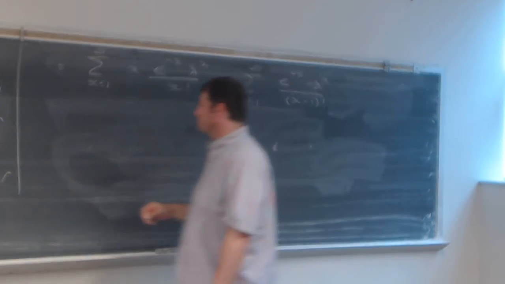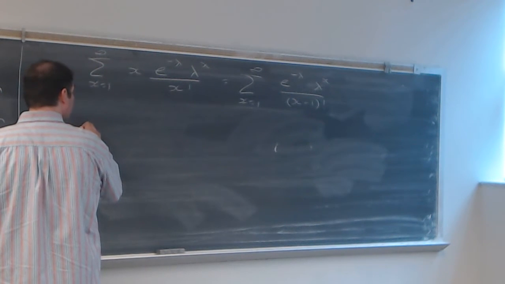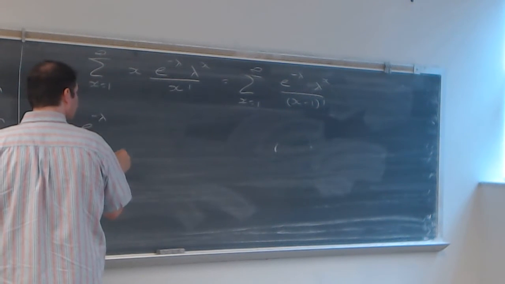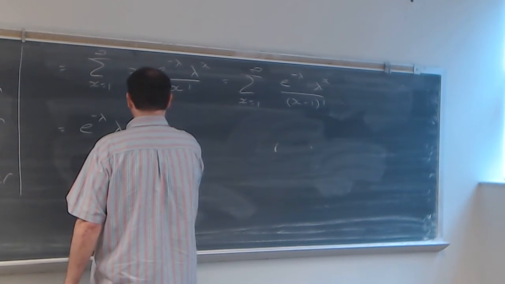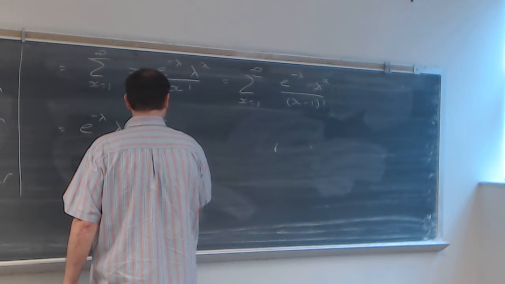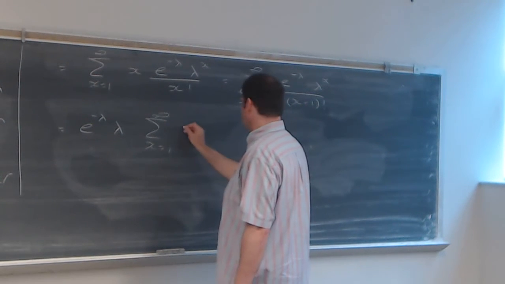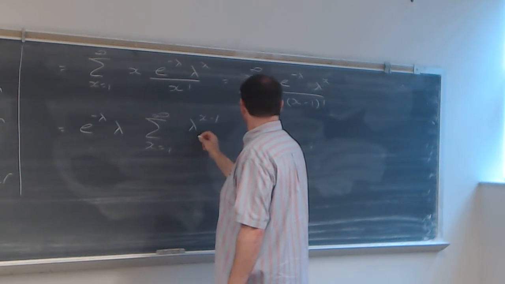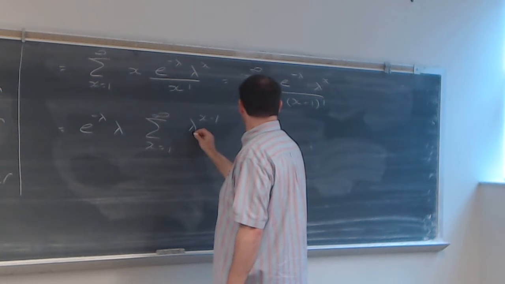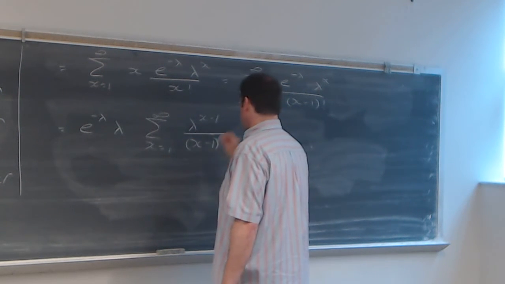Now let's pull out an e to the minus lambda and a lambda, because they're constants with respect to x. We're left with the sum as x runs from 1 to infinity of lambda to the x minus 1 over x minus 1 factorial.